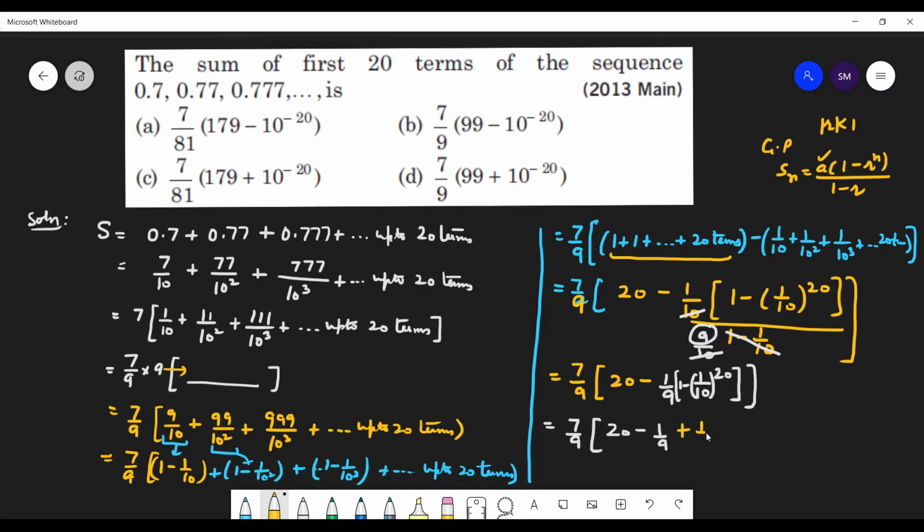Option C. Okay. Let others do also. You can cross check your answer. Yes, students.